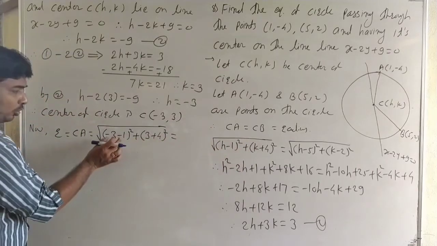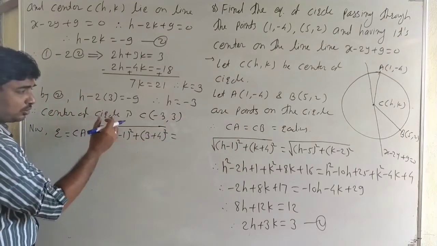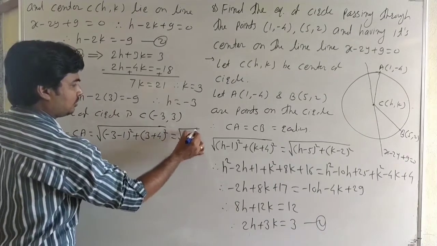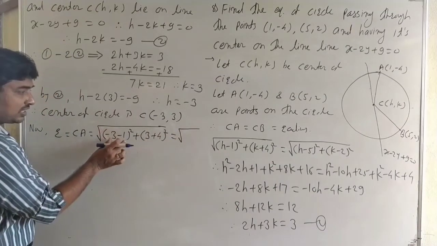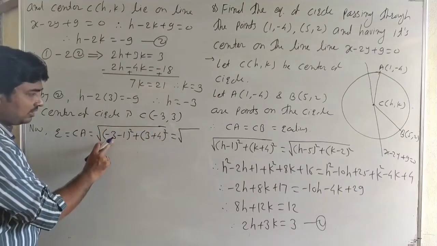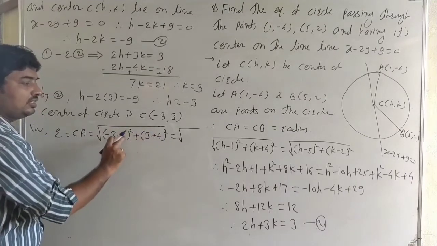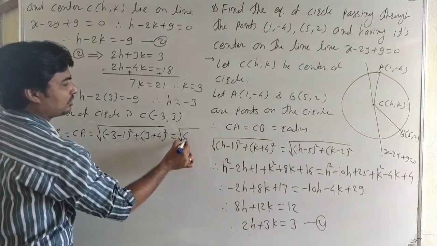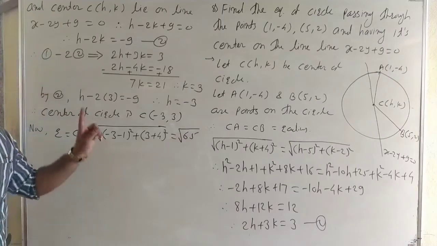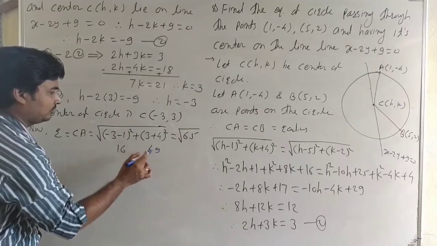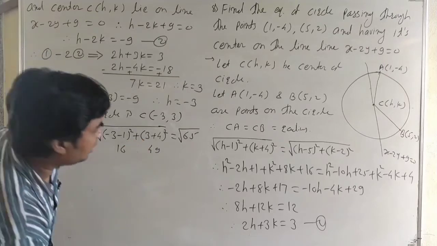Therefore it is minus 4 square plus 7 square, which is 16 plus 49, so the radius is under root 65.